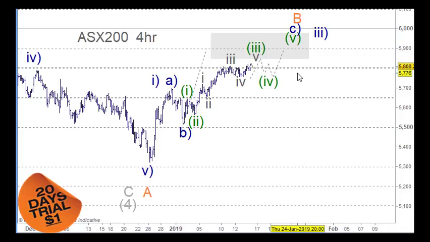So normally what we would find is that wave 3, if it was going to be a wave 3 here, would be longer than wave 1. So on that note here, if we take this little stick here I've got, that's the length of wave A, put that on the low of wave B here, that will take us to 5.9 here. So that still gives us only 3 waves to that particular point there.